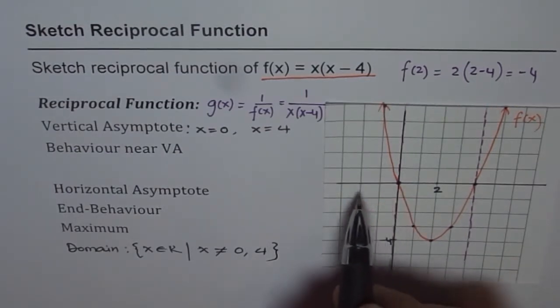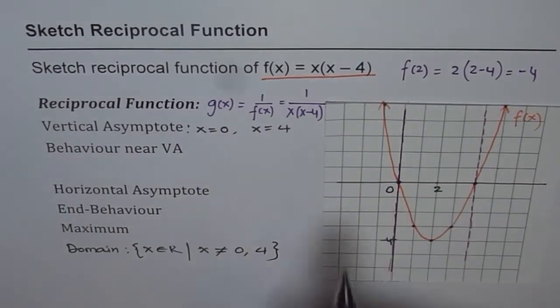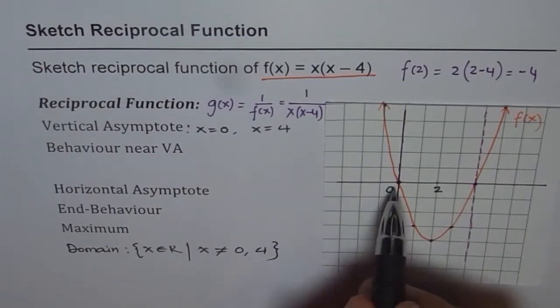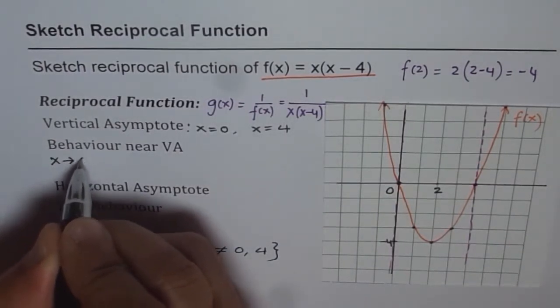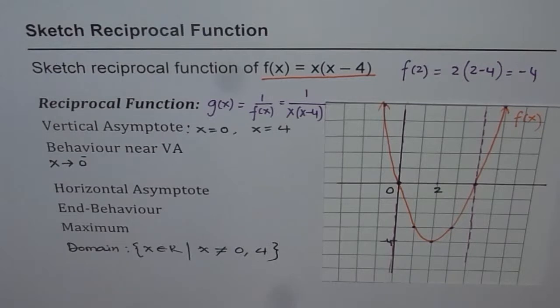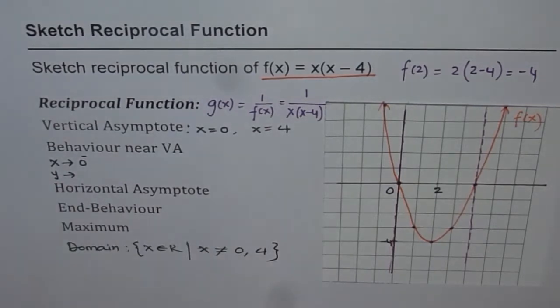Let's start with the one on the left, which is at 0. If I am approaching the vertical asymptote at 0 from the left side, which I could write as x approaching 0 from minus, what happens to the y value? This is what is called behavior near asymptote. At this instant, y approaches what value?